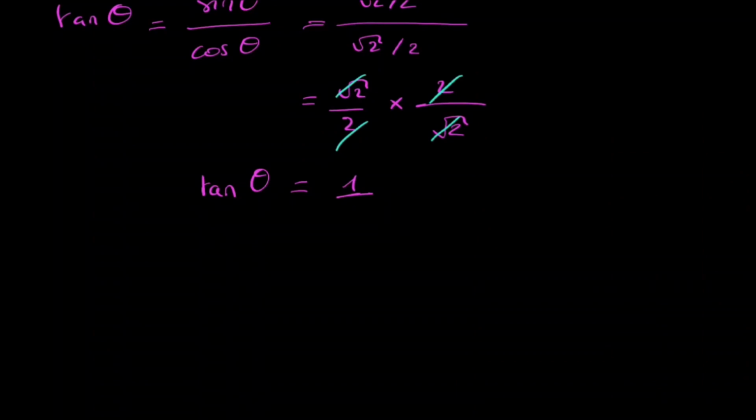But we want to know theta. So arctangent of 1 equal theta. We can also write that arctangent 1 is tangent power minus 1 of 1.